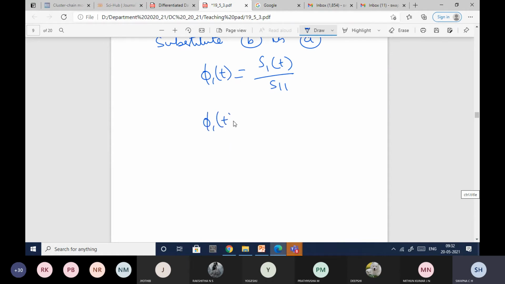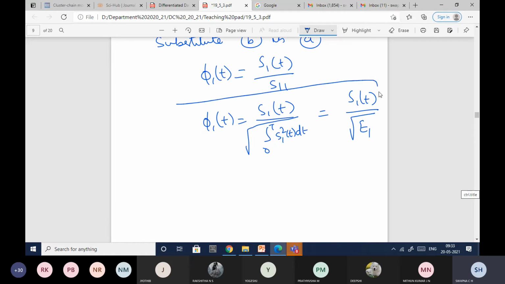We have s11, which is nothing but root of integral 0 to t s1 square of t dt, which I can also write as root E1.